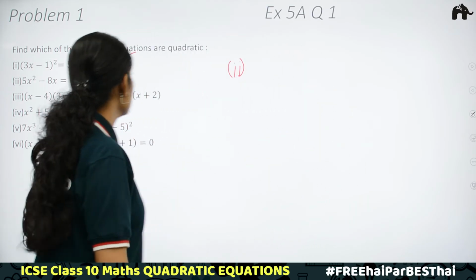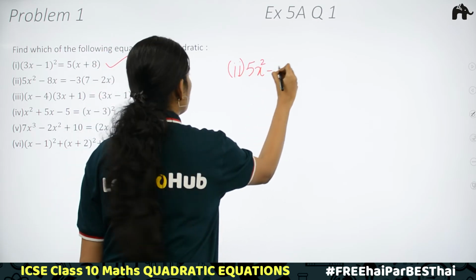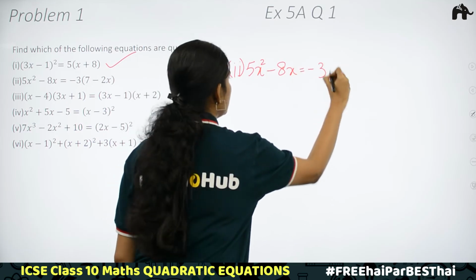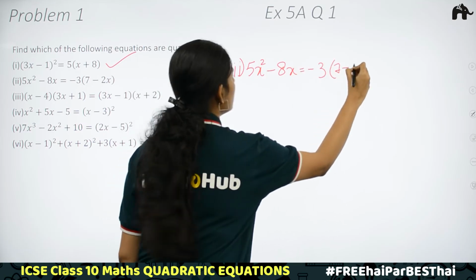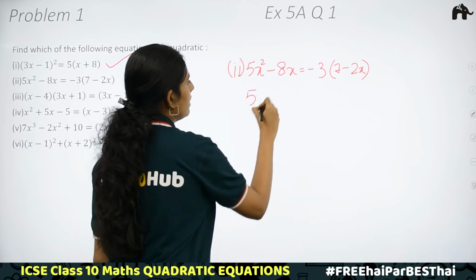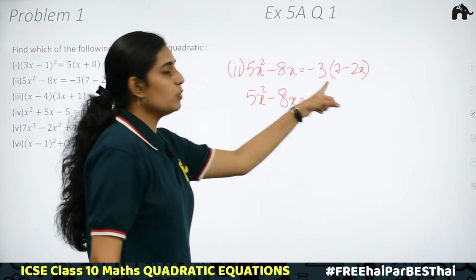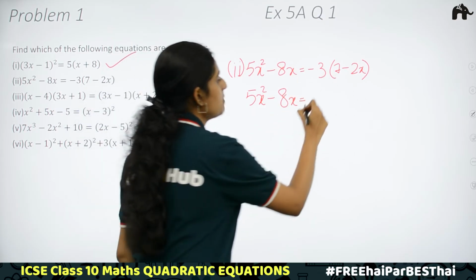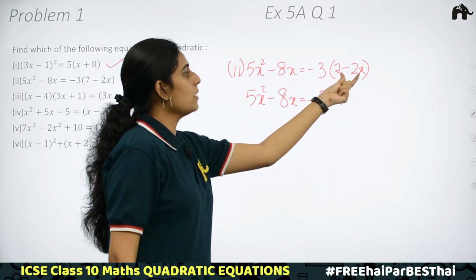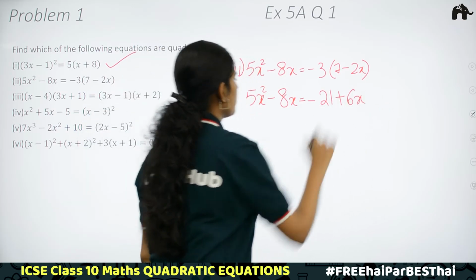Now the second expression. Let's see if this is a quadratic equation. 5x square minus 8x is equal to minus 3 into 7 minus 2x. We'll get 5x square minus 8x is equal to, removing the brackets, minus 3 into 7, minus 21, plus minus 3 into minus 2x is plus 6x.